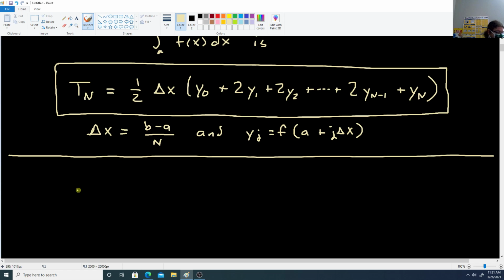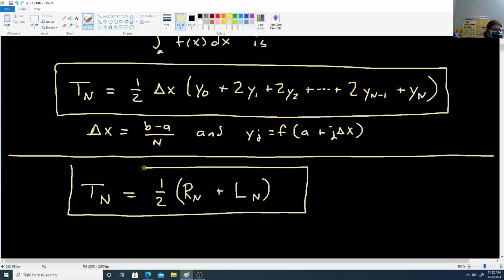Furthermore, we should also note that the nth trapezoidal rule is also 1/2 of the right endpoint approximation plus the left endpoint approximation. So this is a nice rule that we can use. And we especially use this if there's not uniform bars, if the bars are different lengths.